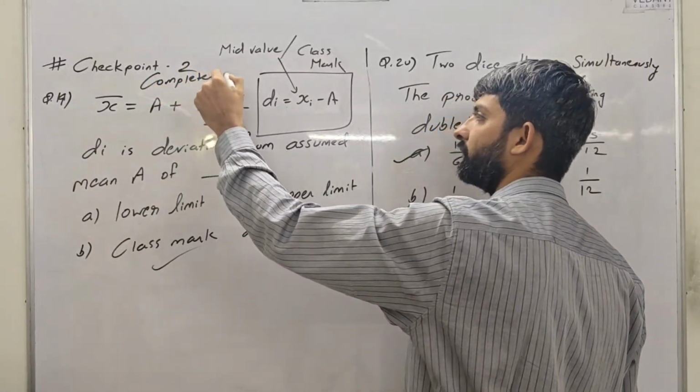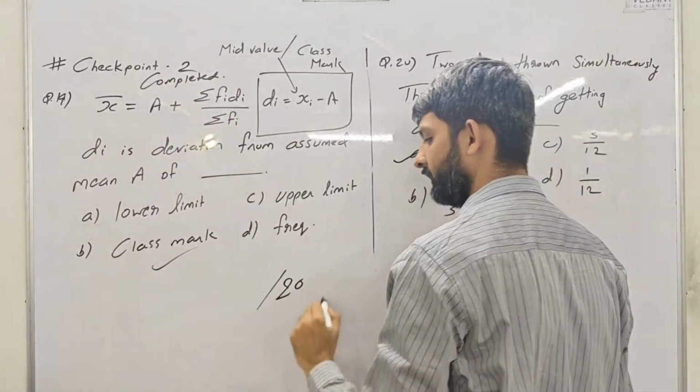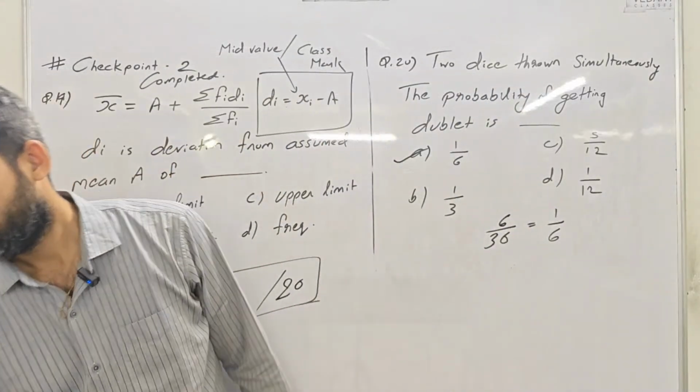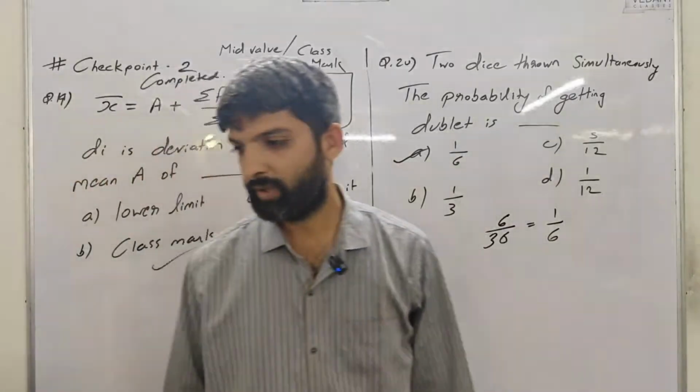Completed. So out of 20 marks, tell me your total marks, whatever marks you have got. Quickly, be honest.